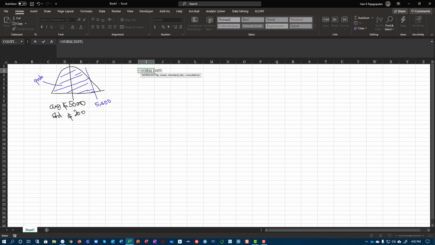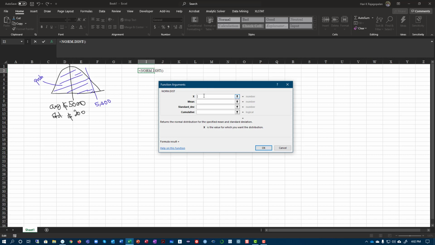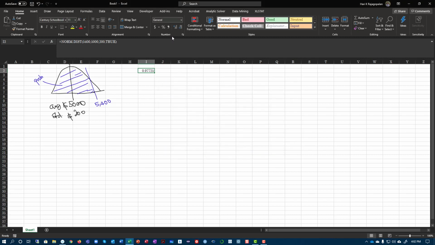You essentially are going to put in your value, which is 5,400, your mean is 5,000, and your standard deviation is 200, and in cumulative you are going to put true. Anytime you're using continuous distributions, you're always going to use true. So you can see 97.72. The blue shaded area is 97.72%.